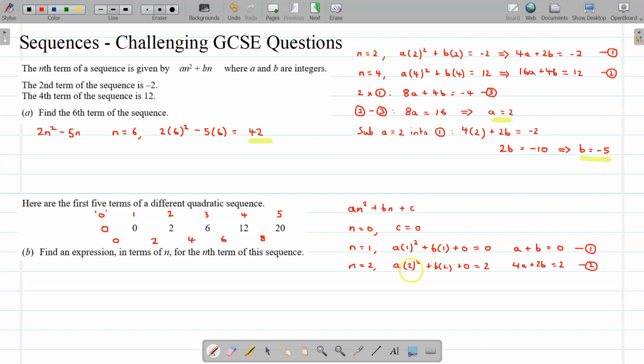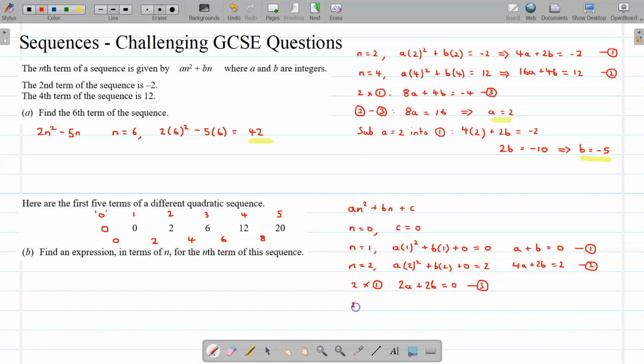Well, if we double the first one, so 2 times equation 1, that will give us an equation that contains 2b as well. So we get 2a plus 2b equals 0, and we call that equation 3. And if we subtract equation 3 from equation 2, we will get rid of the b term.